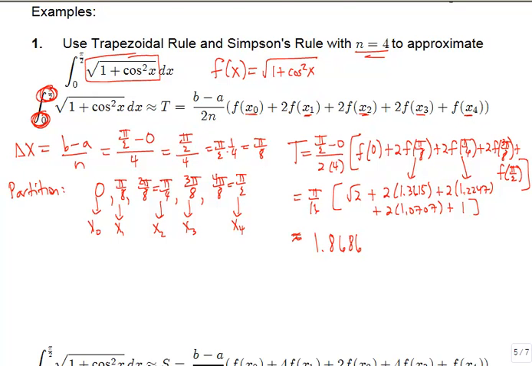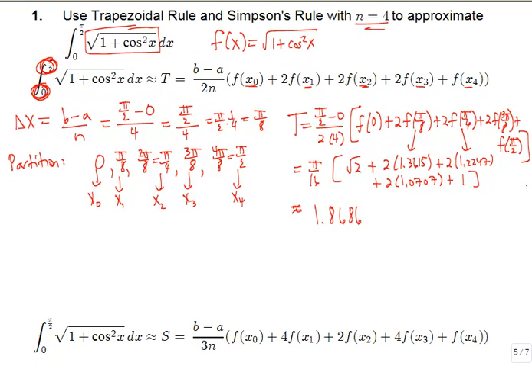Okay? So what changes with this problem if instead of doing it with the trapezoidal rule, I do it with Simpson's rule? So this is our approximate area using the trapezoidal rule. So what's going to change is a slightly different formula, but the delta x does not change.